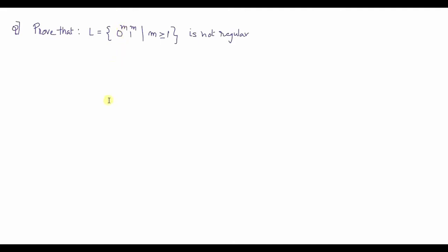So let's start. We will be abiding by the pumping lemma, as we have already seen. L is a language that is given to you, so we first say let n be the pumping length. I just randomly say let n be equal to 8.